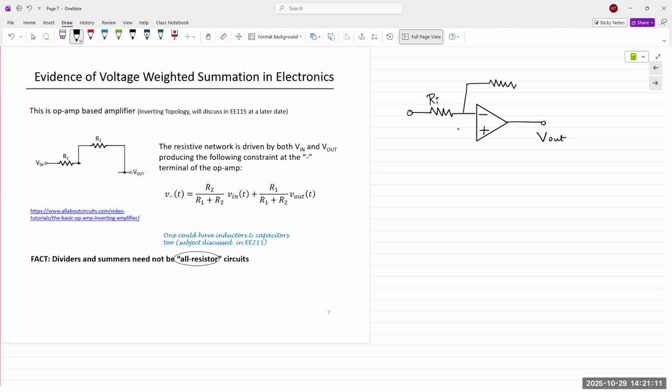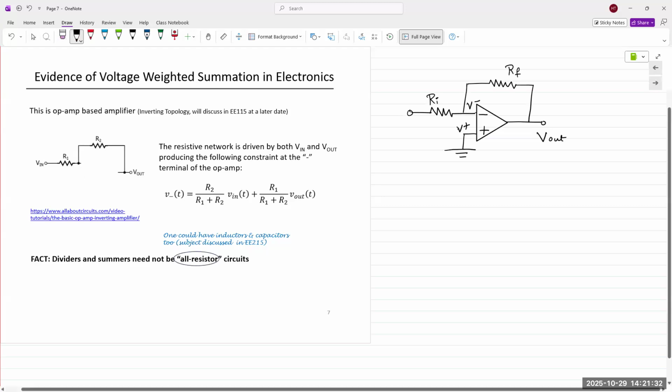And then we have a feedback resistor called Rf. It feeds a little bit of the output back into the input. So this is V minus, this is V plus. And that's what's not shown here.